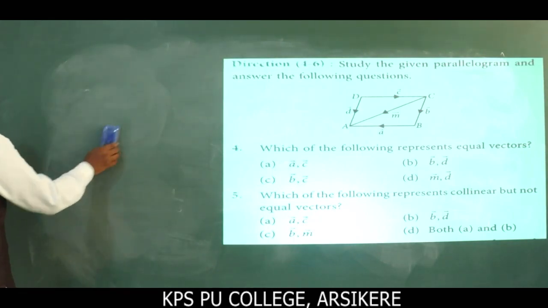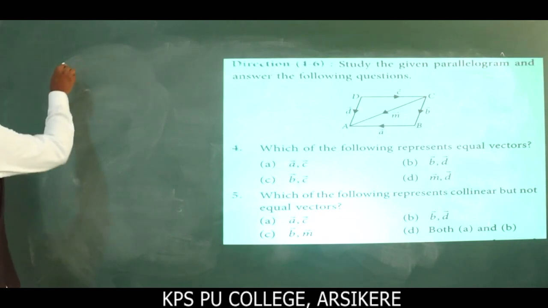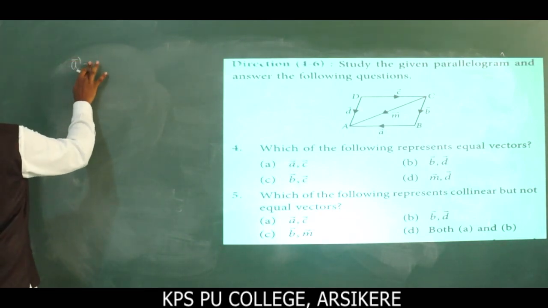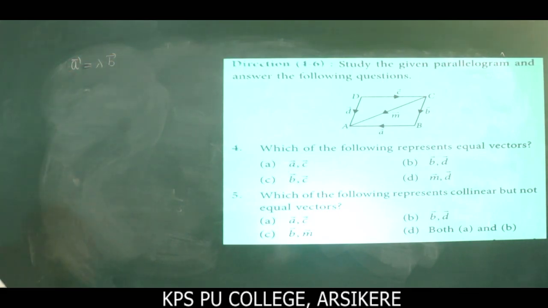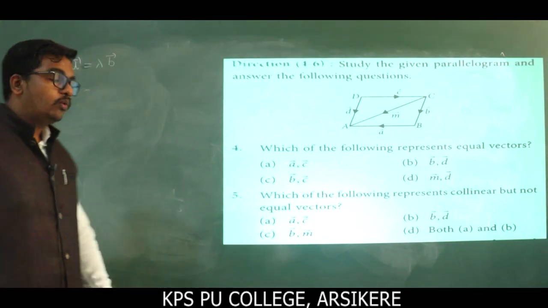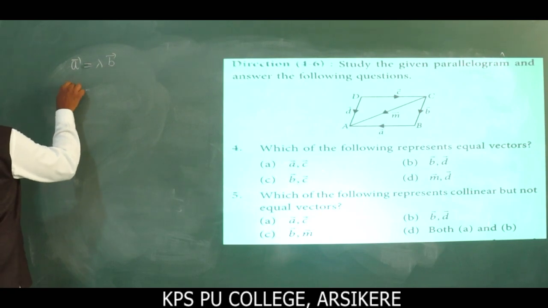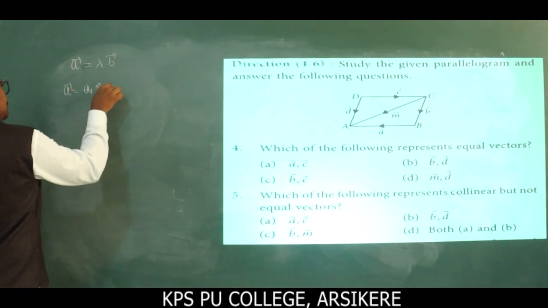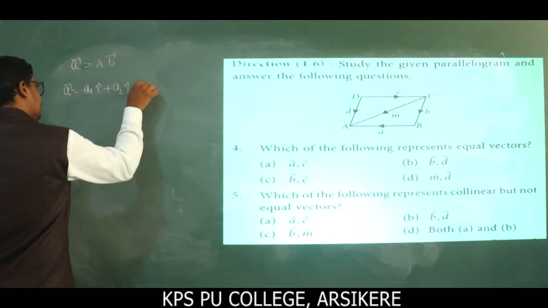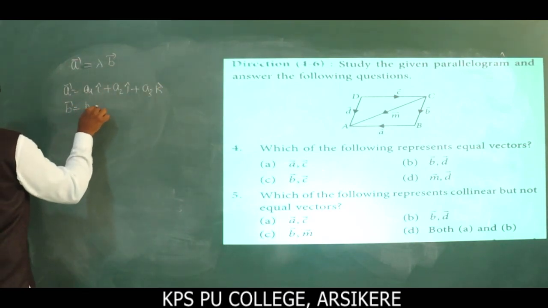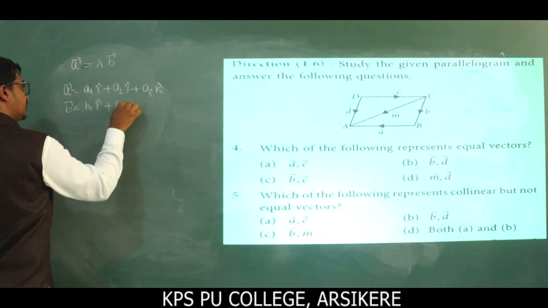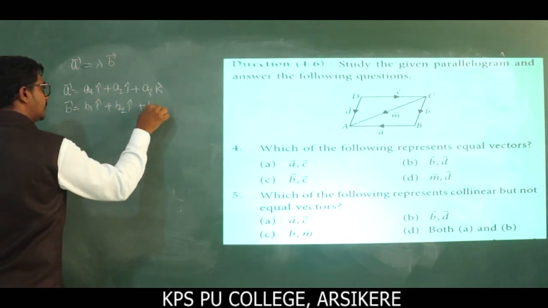When two vectors are collinear, vector A and vector B are collinear means vector A can be represented as lambda into vector B. Suppose when they are given in component form, vector A is equal to A1 into I cap plus A2 into J cap plus A3 into K cap and vector B is equal to B1 into I cap plus B2 into J cap plus B3 into K cap.